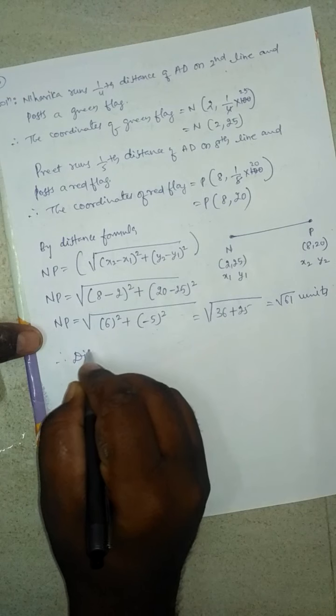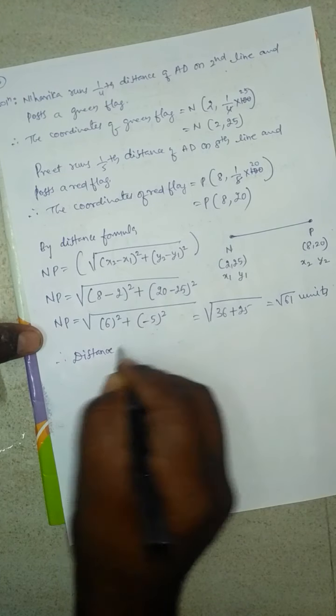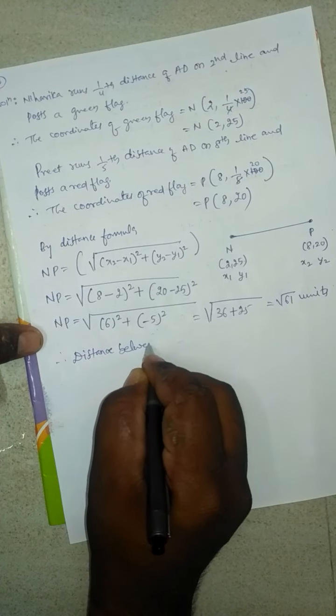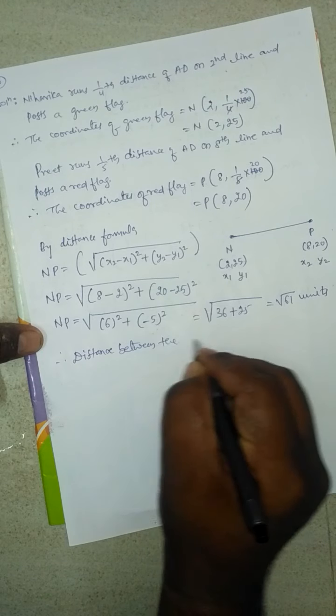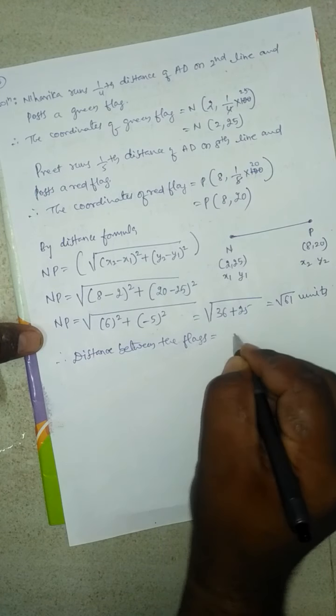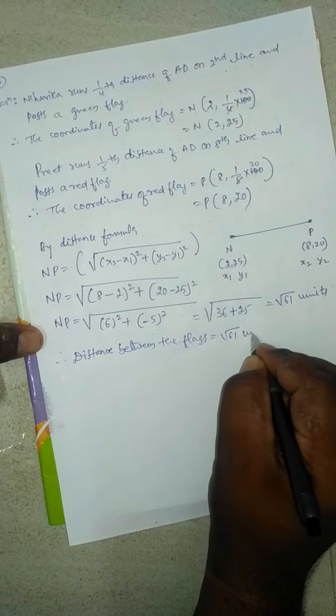Therefore, distance between the flags, that is equal to root 61 units.